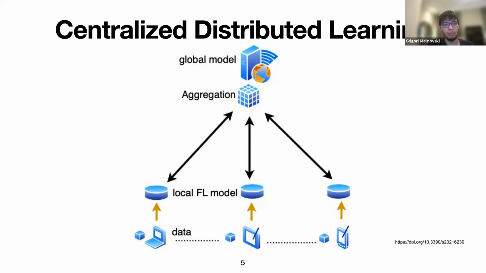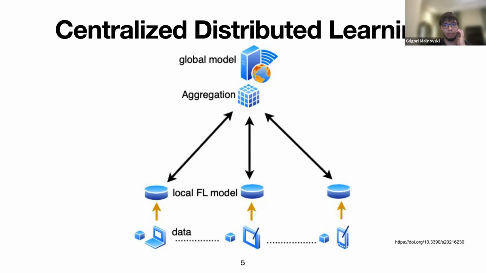Transmitting data is not allowed because of security and privacy. Clients can send their model updates to the central server, and communication between clients is not allowed; we have communication only between server and client. The server aggregates local updates received from clients and updates the global model. After that, the server sends this global model back and this process repeats.